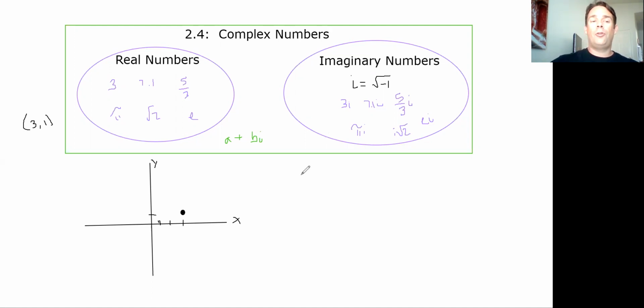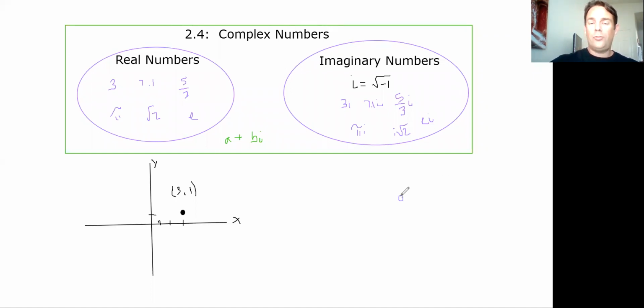And just like we're able to graph a real number, we can also graph some sort of complex number.